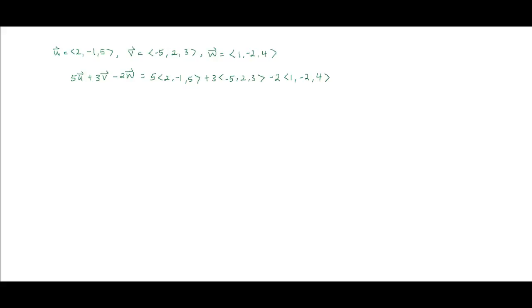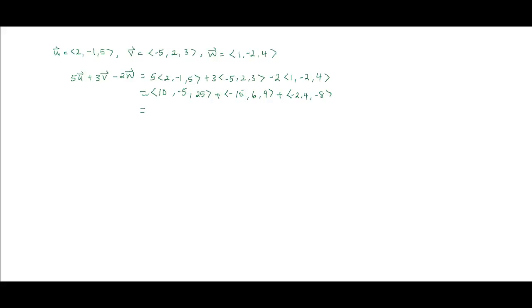Okay, so this is going to give us (10, -5, 25), plus (-15, 6, 9). And again, looking at this as adding -2 times the vector w, we get (-2, 4, -8).